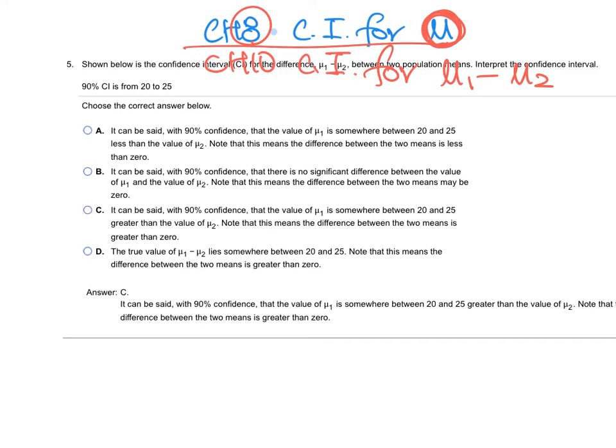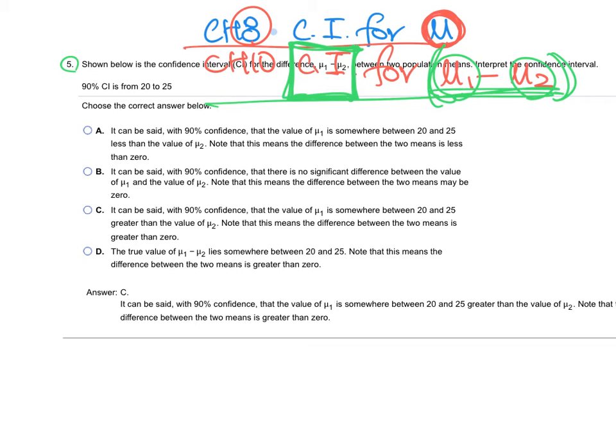But now we have 2 populations, so we are going to discuss another interval estimation for the mean difference. Number 5 and number 6 are about the confidence interval, the interpretation of the confidence interval for the difference between mu1 minus mu2.